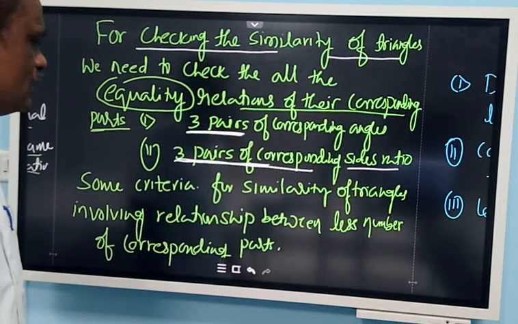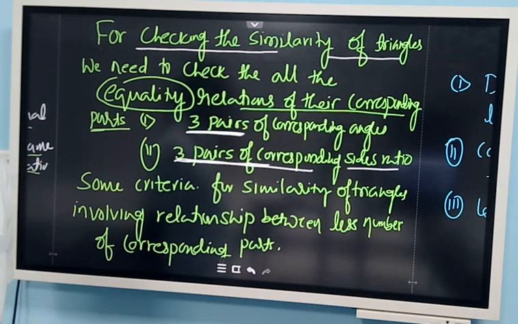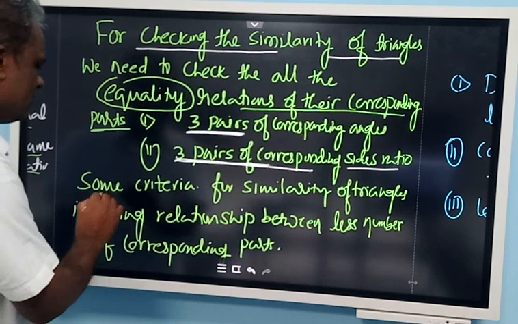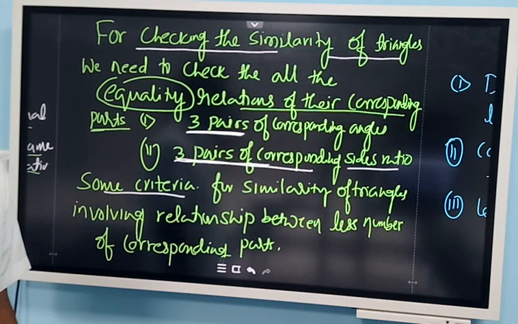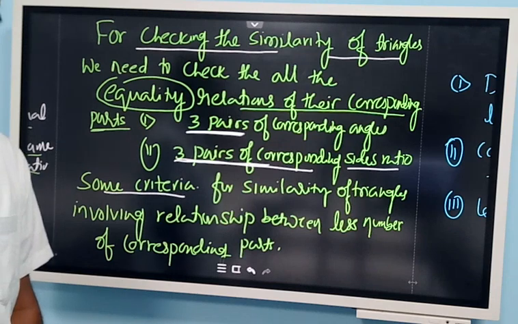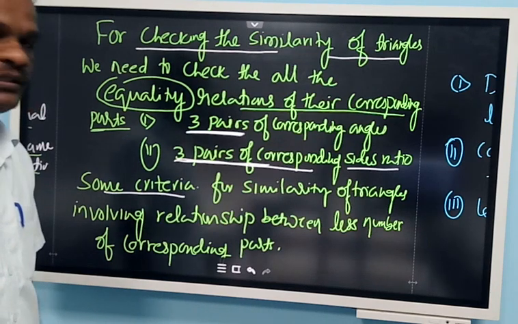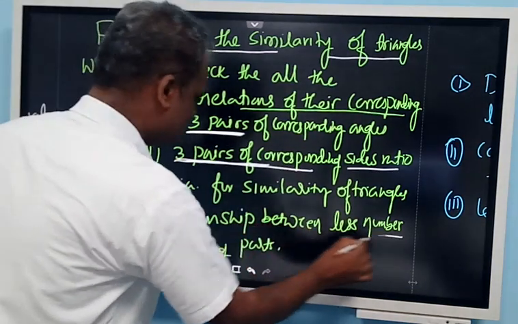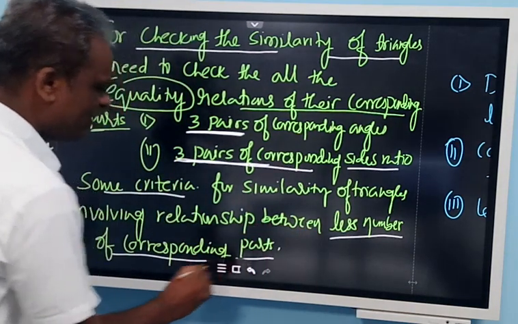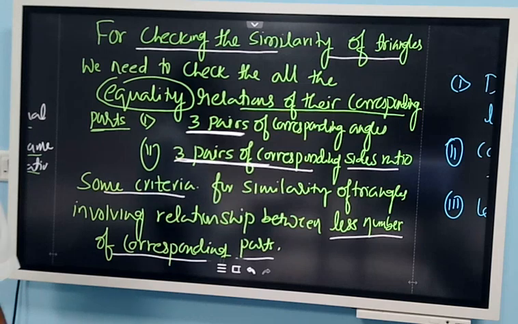Is it clear? Now, just like we followed criteria in congruence, SAS, ASA, RHS, SSS, similarly here also we can follow some criteria to show that the triangles are similar, involving the relationship between a smaller number of corresponding parts.